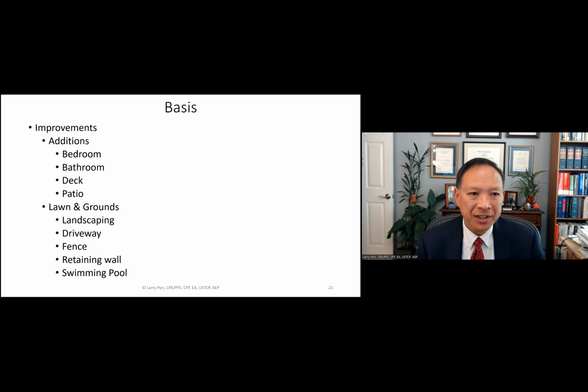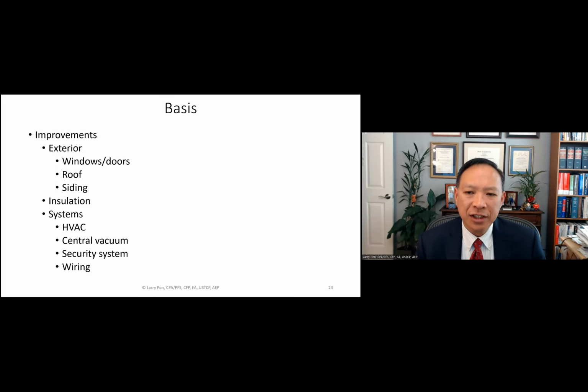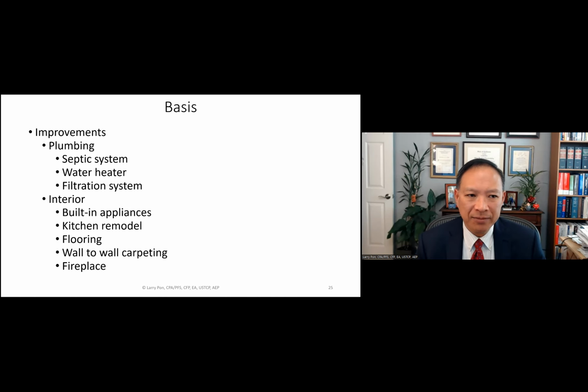Now the additions, I'm not going to go through these in detail. You got additions, a new bedroom, bathroom, deck, patio, lawn and grounds, exterior improvements, insulation, systems like HVAC, security systems, plumbing, the interior, kitchen remodels, flooring, wall-to-wall carpeting.